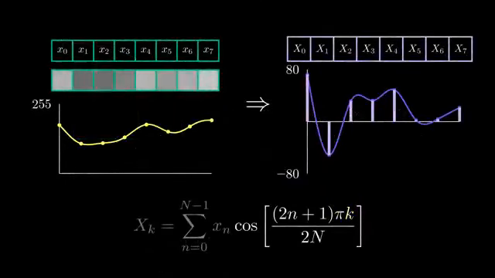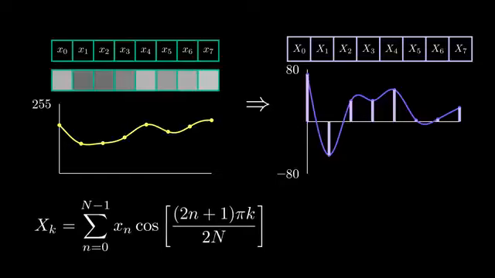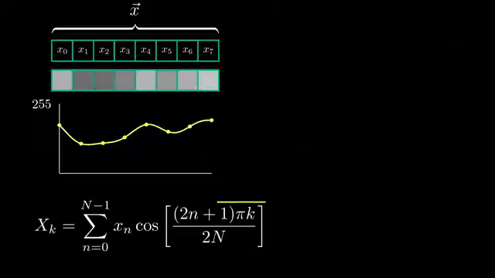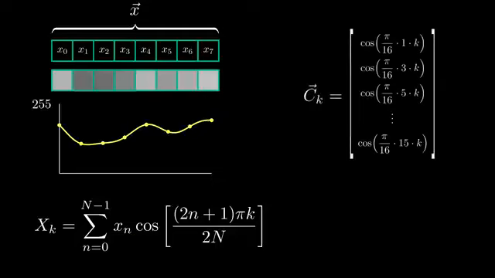Now what's interesting is in order to get the kth index, we are actually summing over a product of each sampled point with samples from the cosine wave. Why does that make sense? This type of expression might look vaguely familiar to a lot of you. Let me rewrite this another way. We know that the original signal points can be represented as a vector, but what if we rewrote the sampled points from the cosine wave as a vector as well?